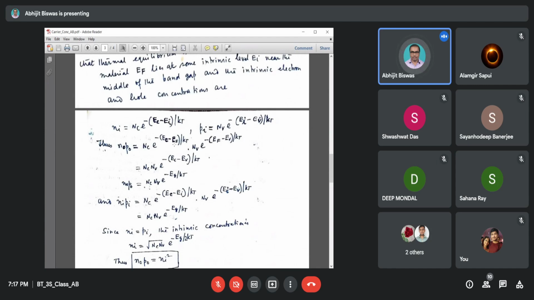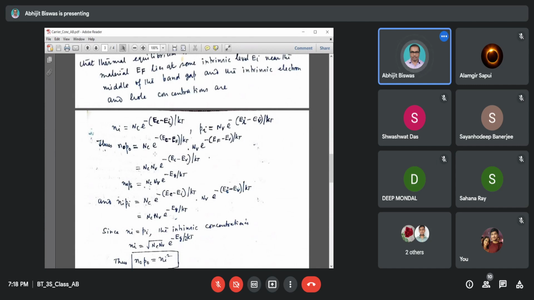So the exponent is negative, and you can see from this expression that Ni must be less than Nc, because e to the power minus some positive quantity is a fraction.